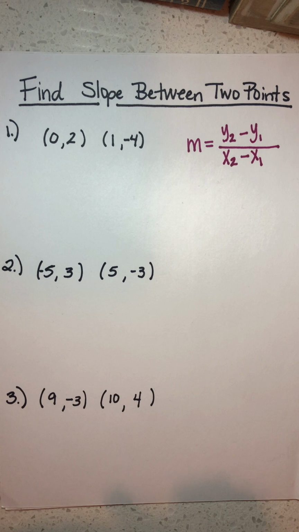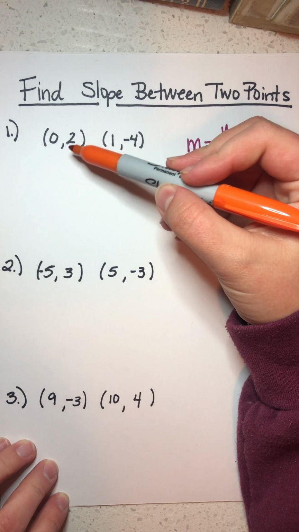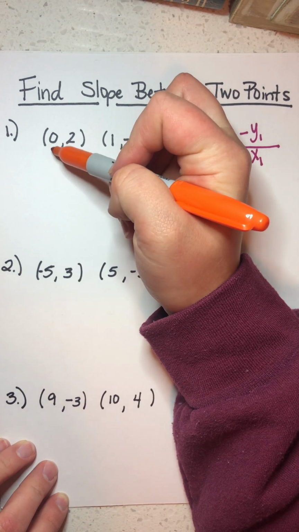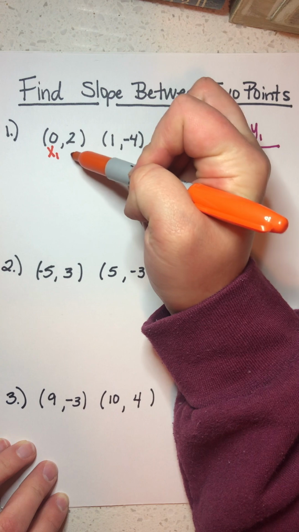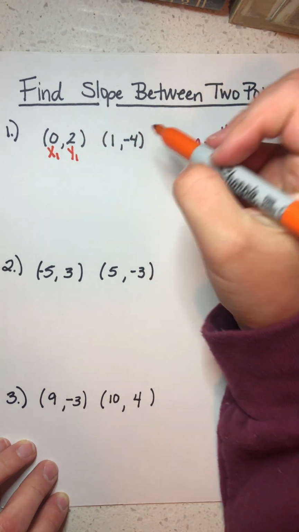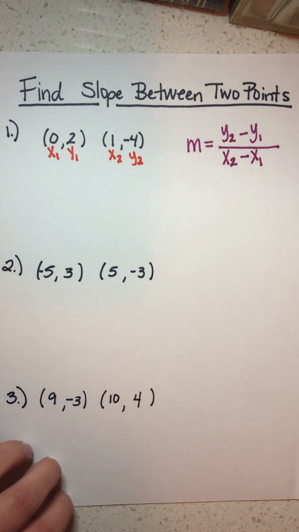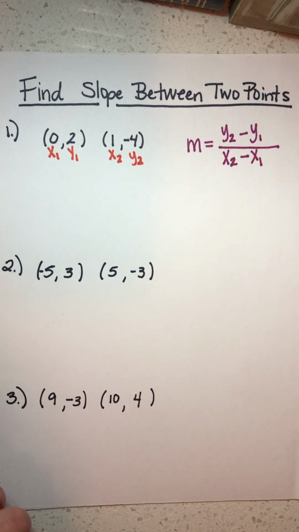So let's do this first one. What I usually tell my students to do is to label their coordinates, so it's a lot easier to use the formula. This first point would be x1, y1, and then you have x2, y2. Each one needs an x and a y.